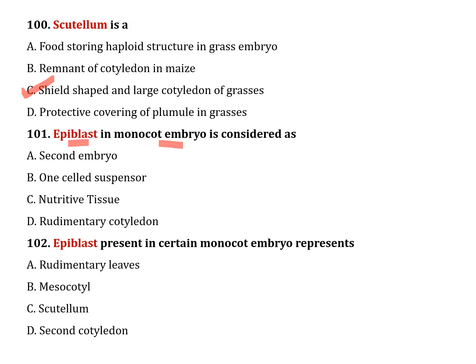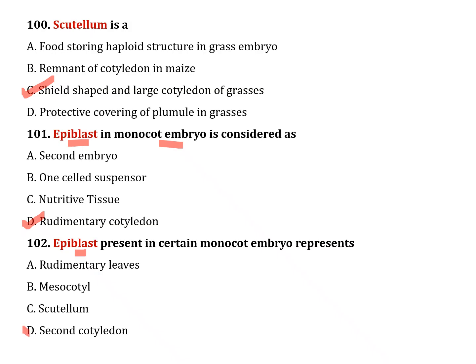Epiblast in monocot embryo is considered as: option A, second embryo; option B, one-celled suspensor; option C, nutritive tissue; option D, rudimentary cotyledon. Correct answer is option D, rudimentary cotyledon. The next question, number 102. Epiblast present in certain monocot embryo represents: option A, rudimentary leaves; option B, mesocotyl; option C, scutellum; option D, second cotyledon.